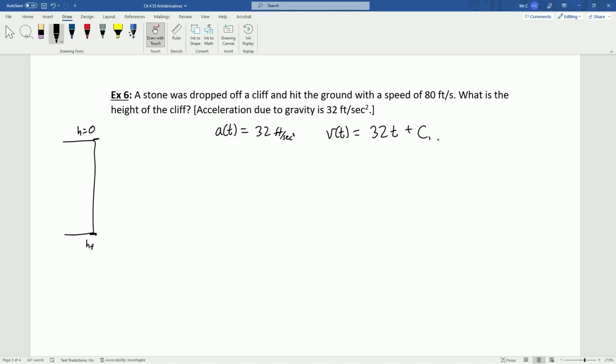Okay, so what do I know about that constant? I know that that constant should be able to be solved relating to whatever information I have about the velocity. And I know that the velocity at the final time is 80 feet per second.